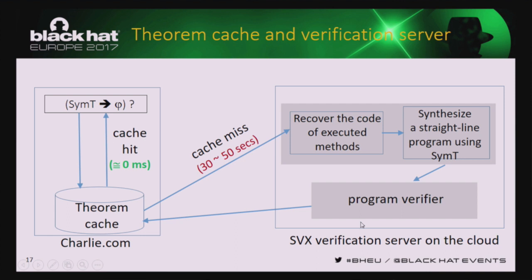The synthesized program is given to a program verifier, which will either validate or find a counterexample of the execution, and then the verification result is written back to the theorem cache. If you take this path, it will take like 30 to 50 seconds, which is very expensive. But because of the theorem cache, all normal executions should just hit the cache and return immediately, unless there is a clever attacker who figures out an execution sequence which nobody has seen before. Then it will trigger the long path.